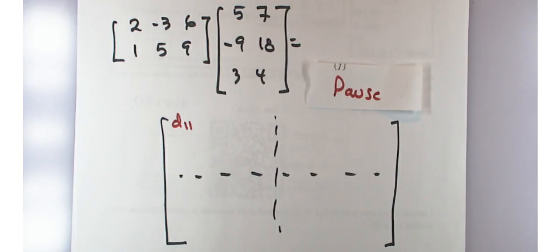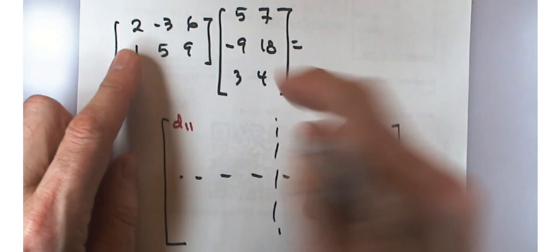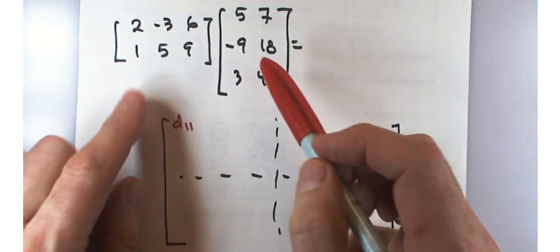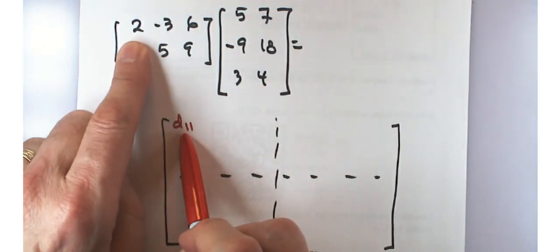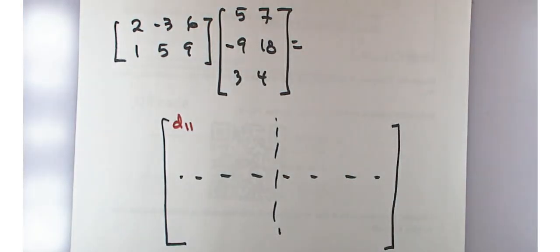Times that, this times this times this. Yeah. All right. So let's try this again. D11, that's going to be first row from A times the first column from B. Now times is kind of in quotes because it's really a series of multiplies and adds.